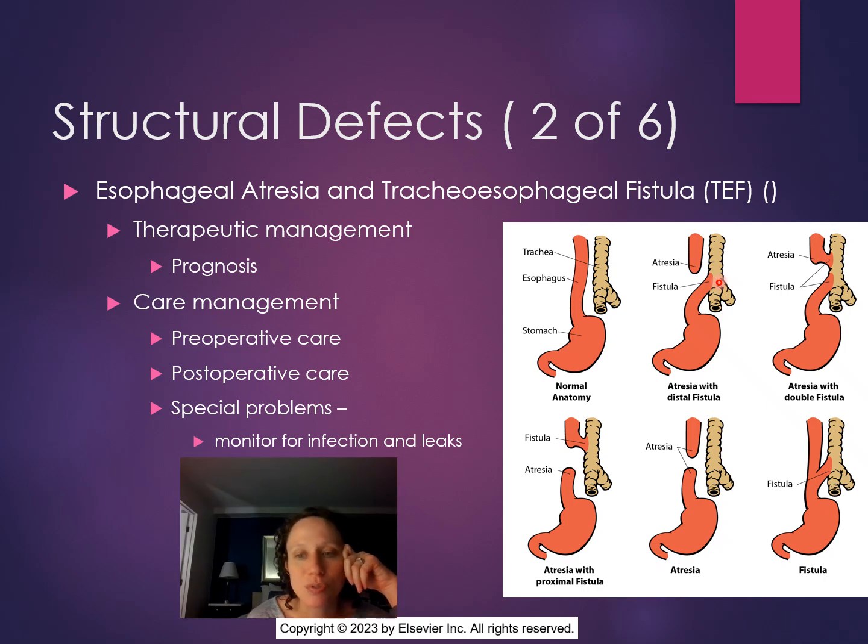They're at a high risk for infection, especially upper respiratory infections, after they've had it fixed. They're also at risk for leaks, so monitoring for any respiratory stress and being very careful about feeding and reintroducing feeding would definitely be a concern.